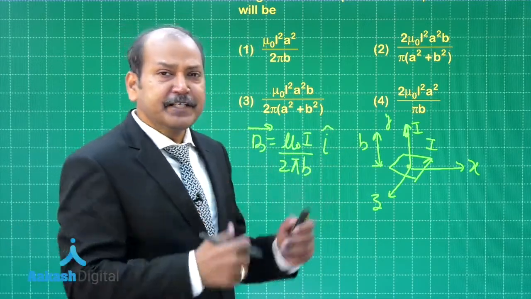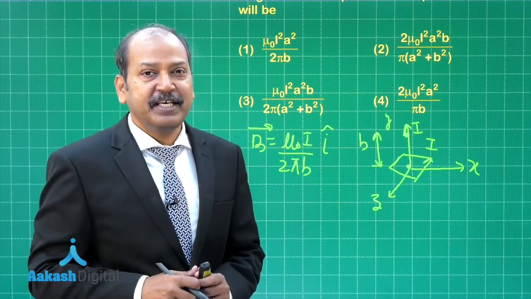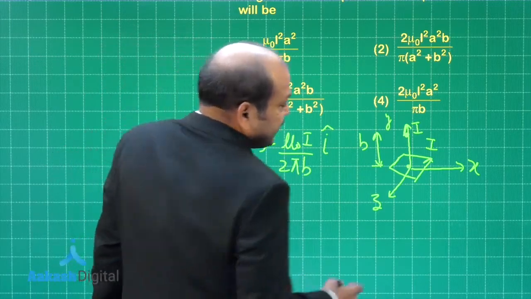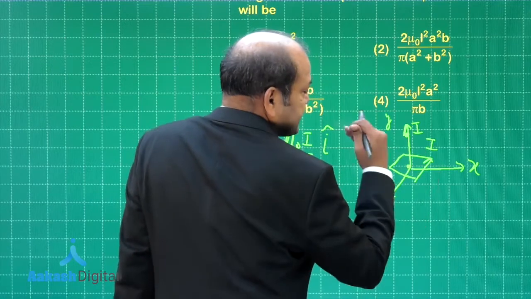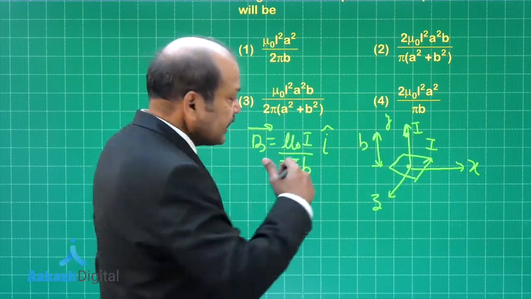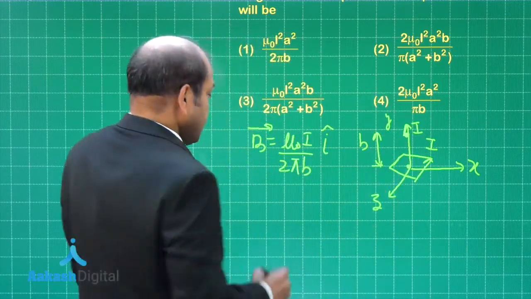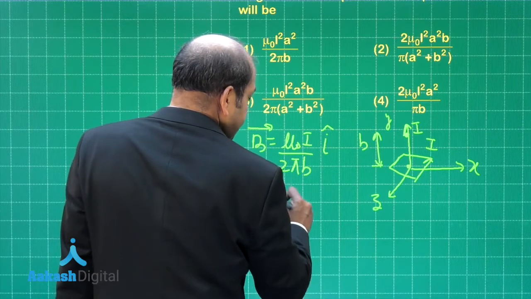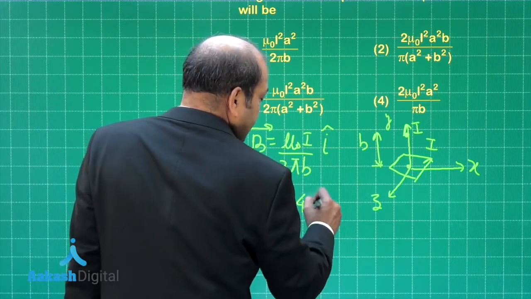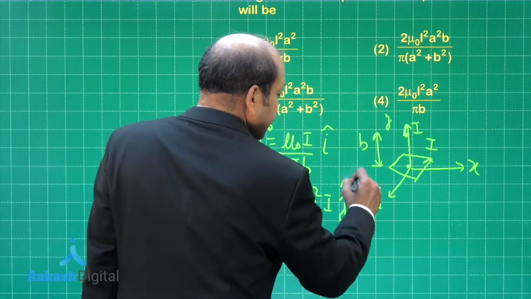What about the m vector? Because to find the torque, we need m cross B. The m vector: the square loop has side length 2A, so 4a square is the area, the current is I, and the direction is along j cap. So the m vector is 4a square I, and the direction is j cap.